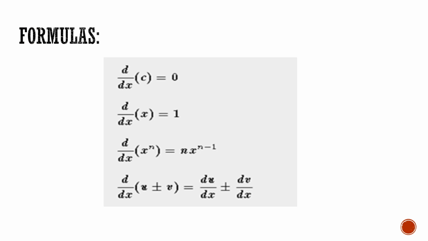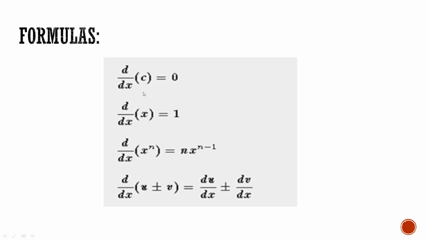So number one, the first formula is the derivative of a constant is equal to 0. So the derivative of 1 is equal to 0, the derivative of 5 is equal to 0. So any constant without any variable will just equate to 0.